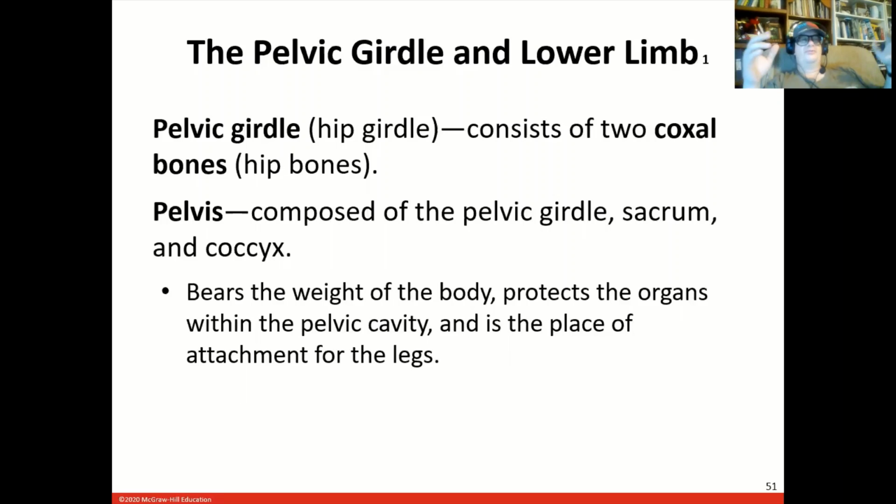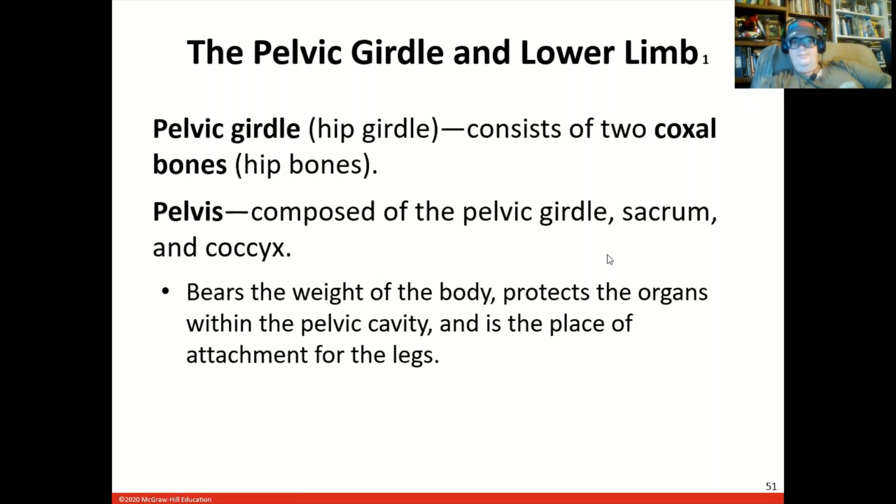It's even more pronounced in the leg bones, but it's the same idea where you have a ball and socket joint, and the weight is coming down, and the head of the femur has to bear everything. So it bears the weight of the body and protects the organs. The pelvic cavity is the place that attaches to the legs.